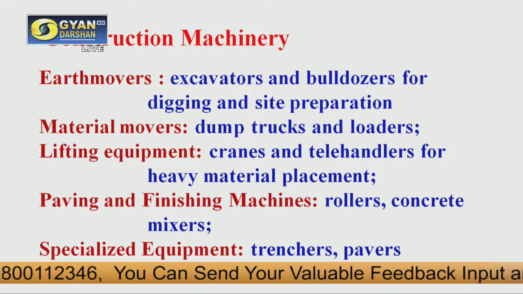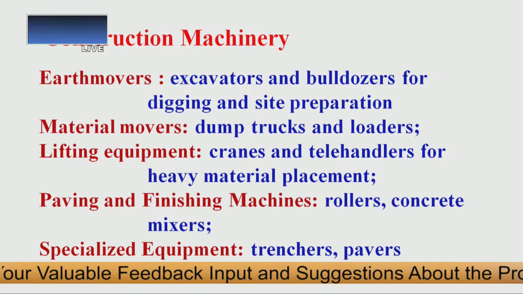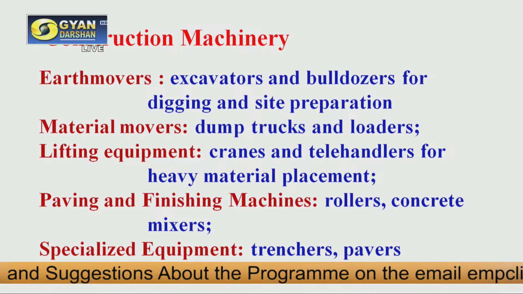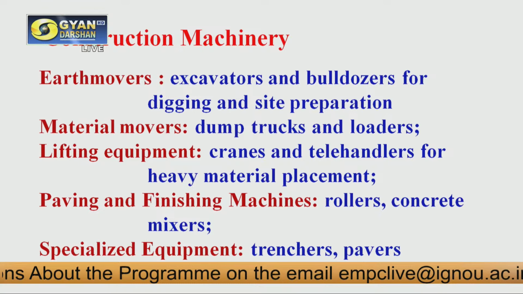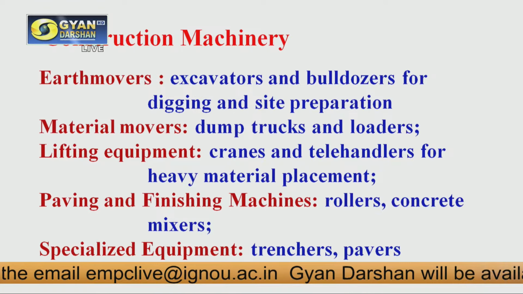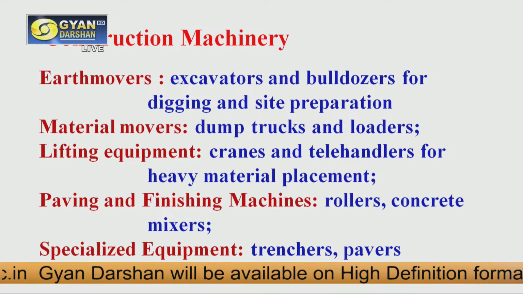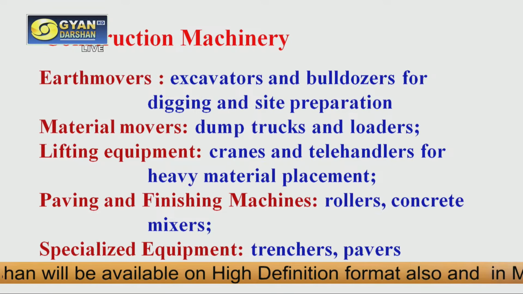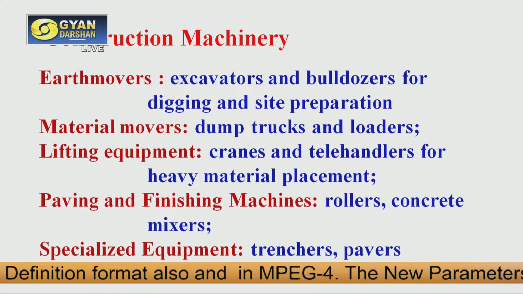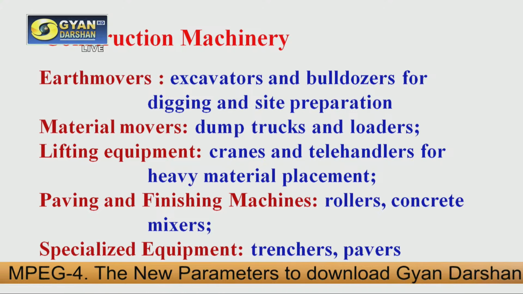What are the different kinds of construction machinery used at construction sites? There are various numbers of machines and equipment used at the construction site. We can divide them into certain categories: earth movers, material movers, lifting equipment, paving and finishing machines, and specialized equipment.